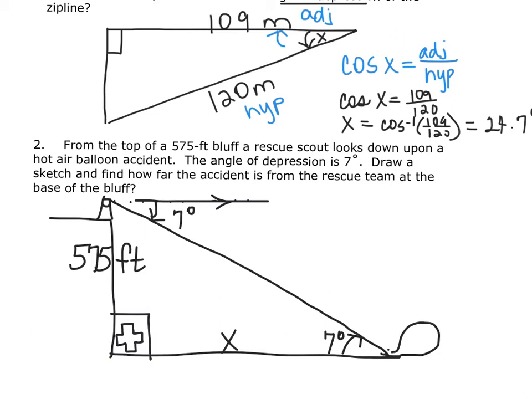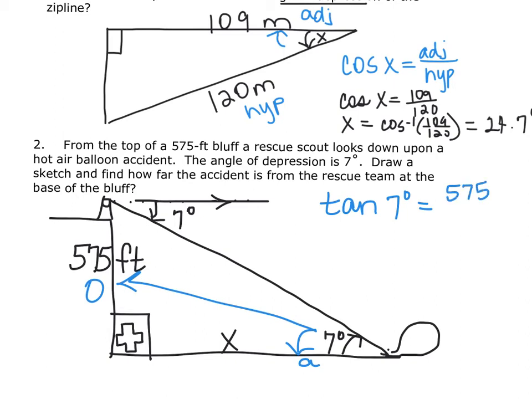This is opposite of our angle, and the one we're looking for is adjacent to our angle. When we have opposite and adjacent, we use tangent. So the tangent of 7 degrees is equal to the opposite, 575, over the adjacent, which is our x. Here I'm going to solve for x.